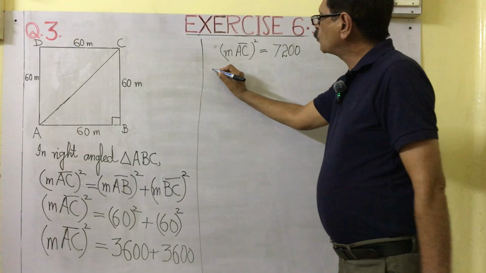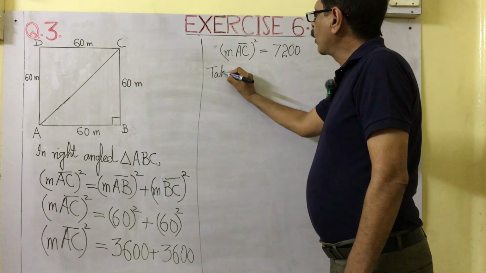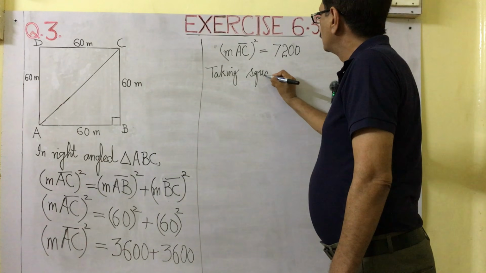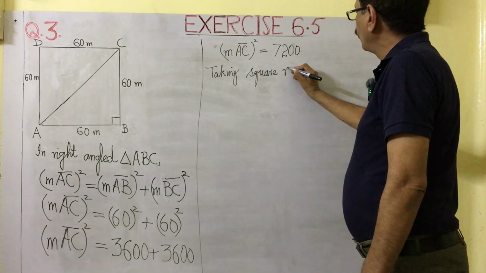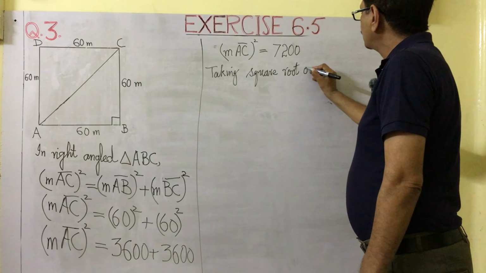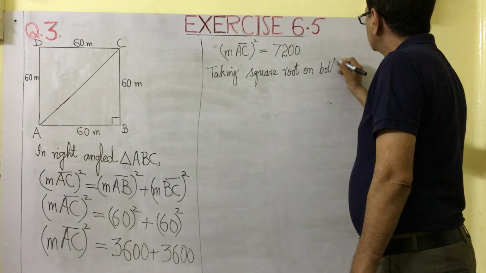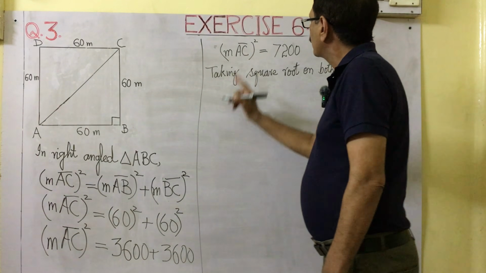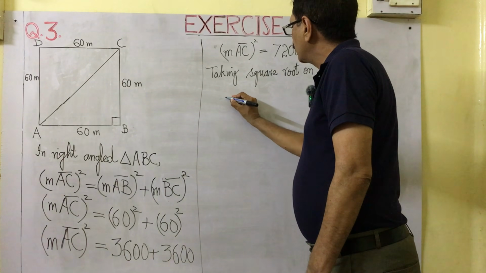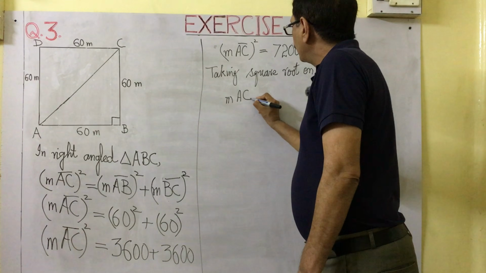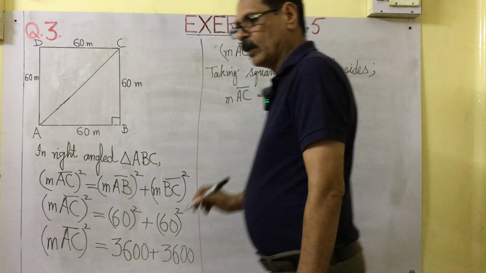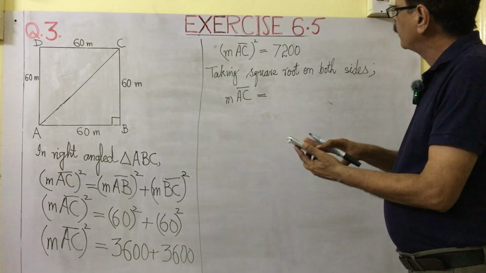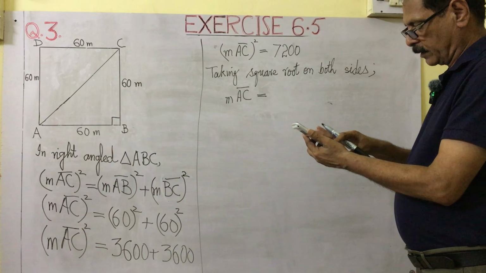Taking square root on both sides, the length of AC is equal to, you can use calculator, square root of 7200.